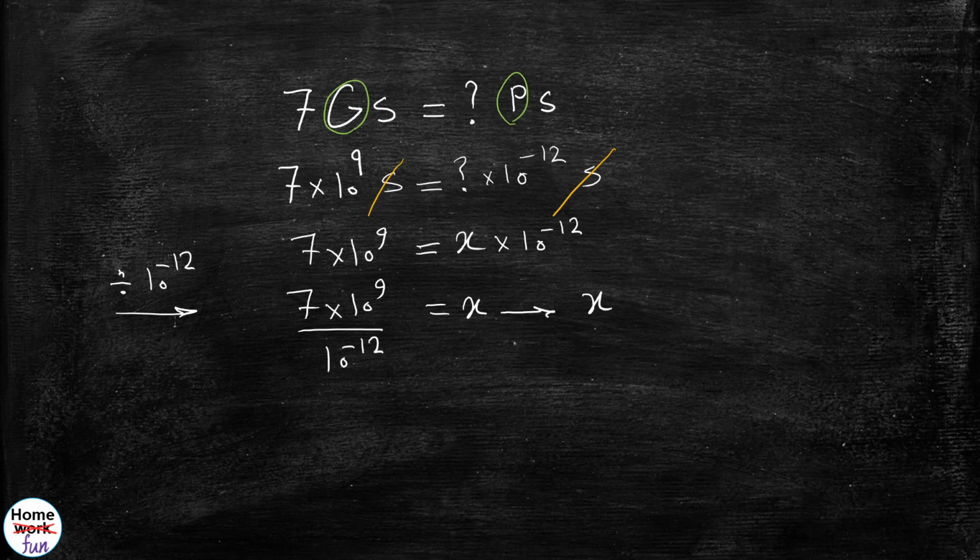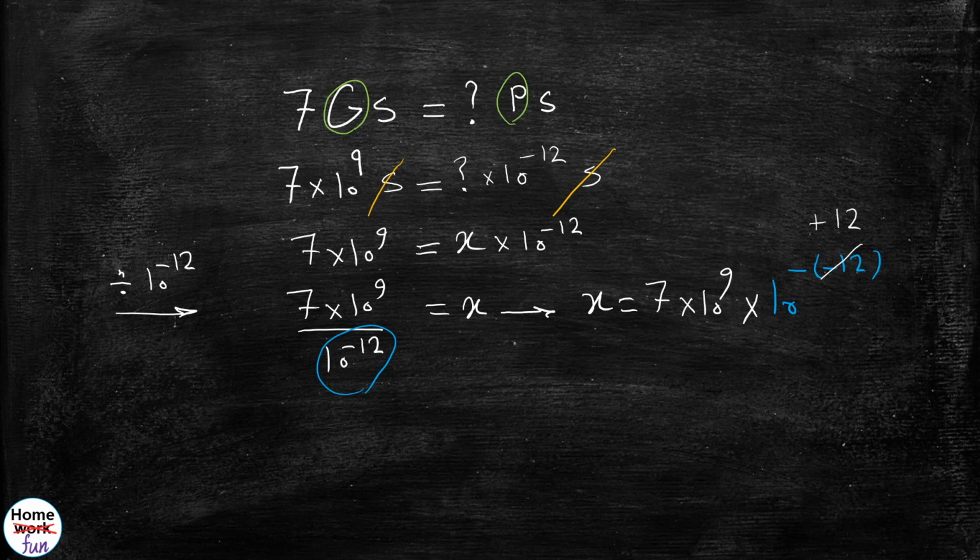Alright, so x equals, same rule, I'm going to bring this from the denominator to the numerator, so I flip the sign. Instead of negative 12, I can write 7 times 10 to the 9 times 10 to the power of negative 12. I flip the sign and bring it up. So negative 12 is just positive 12.